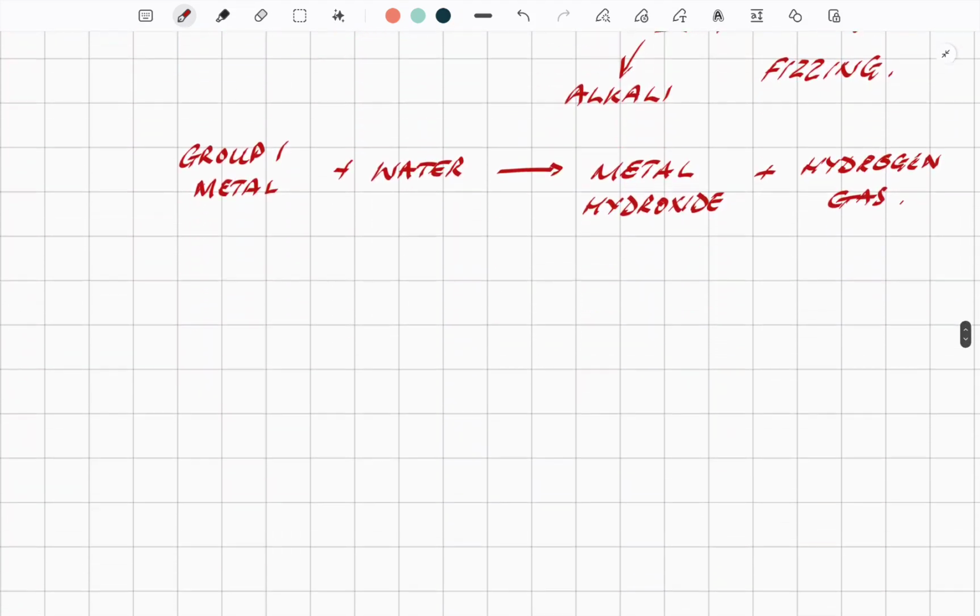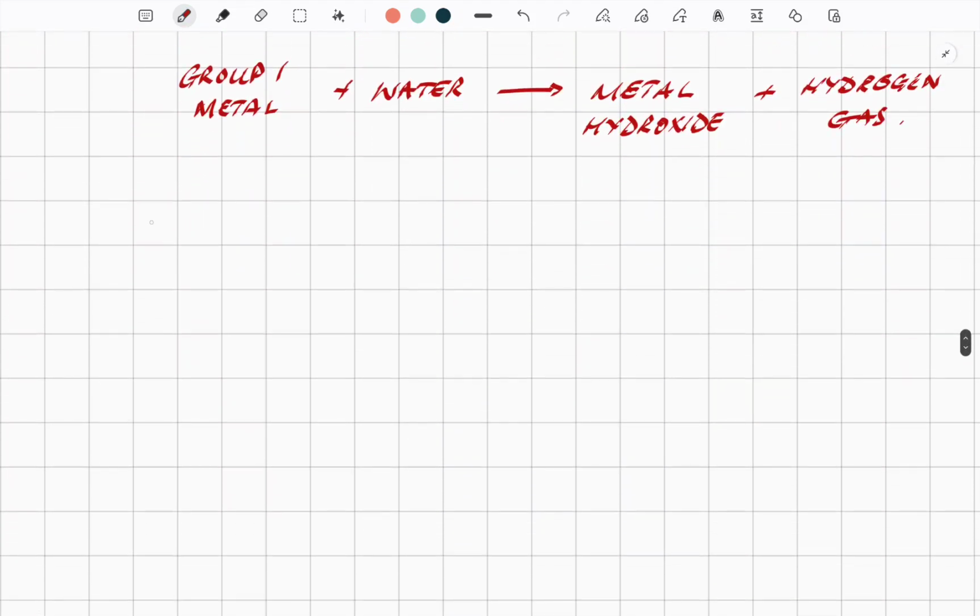So that's the air and the water done, and let's just go to the acid reaction. So metal plus acid. Again, using lithium as an example: lithium plus hydrochloric acid. In this case, lithium is going to be a solid. I'm just putting the state symbols in case you need them later. Dilute hydrochloric acid is aqueous, so it's dissolved in water.